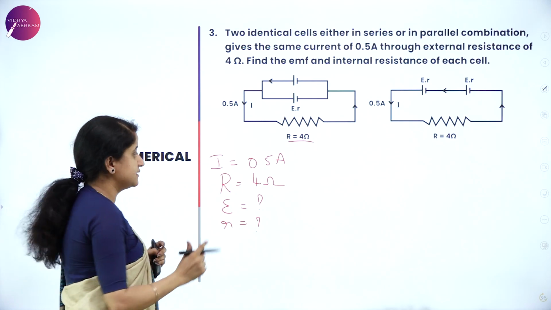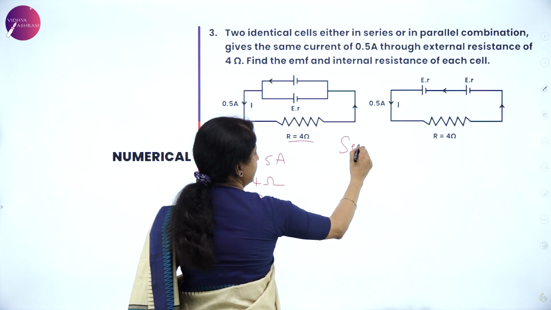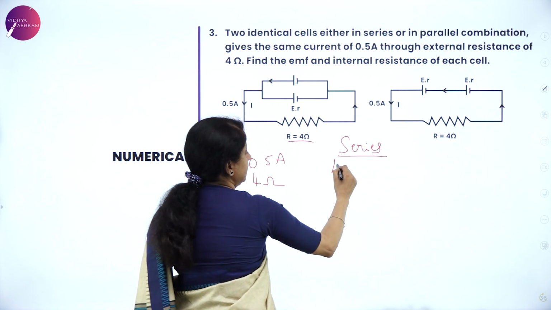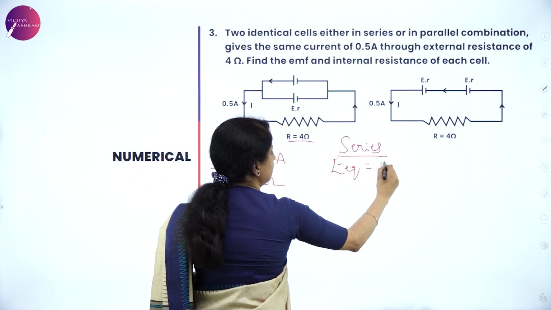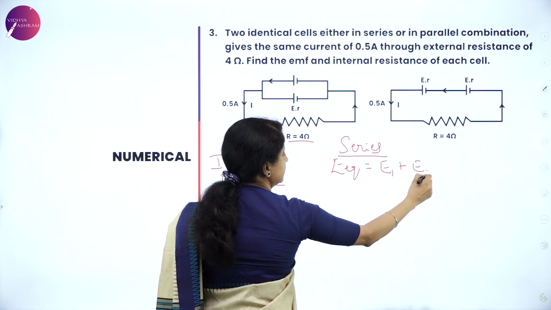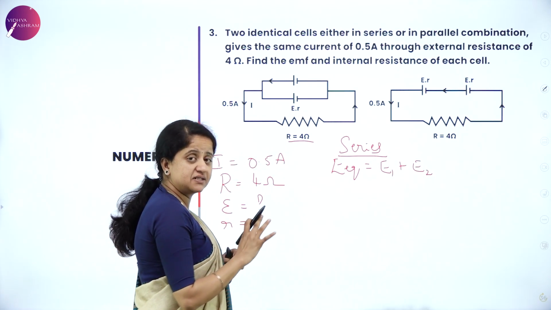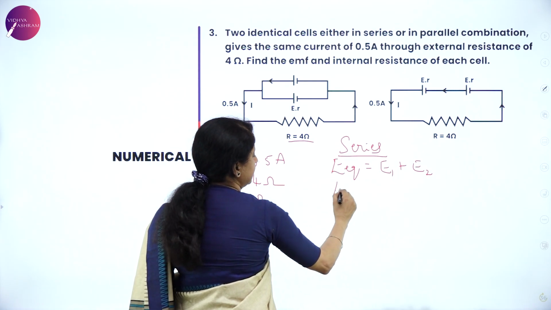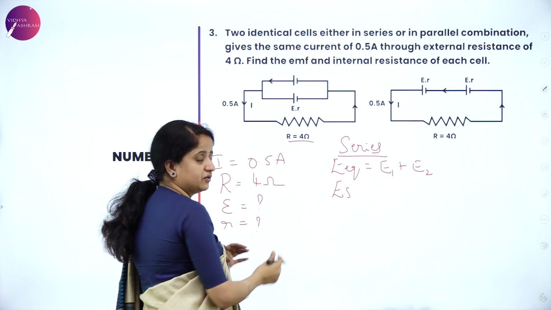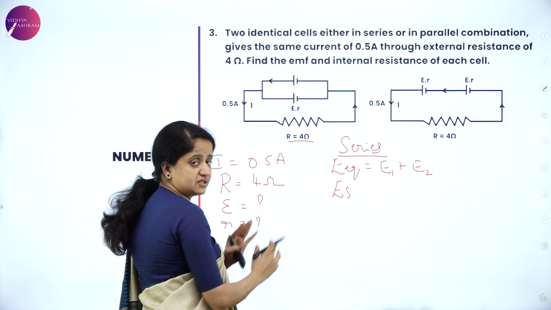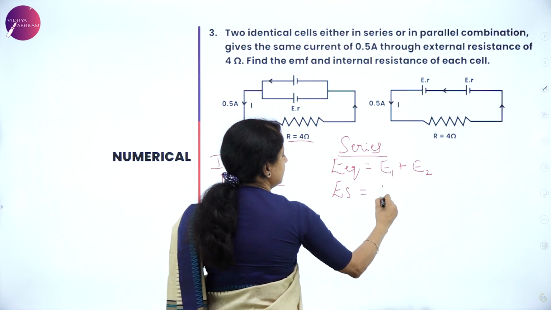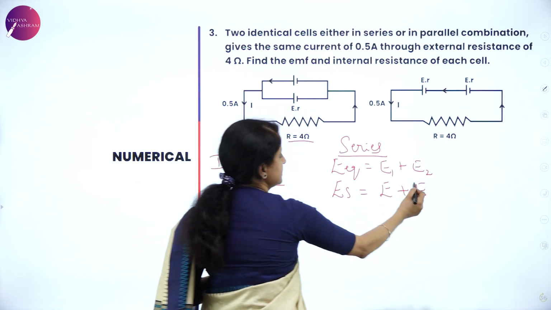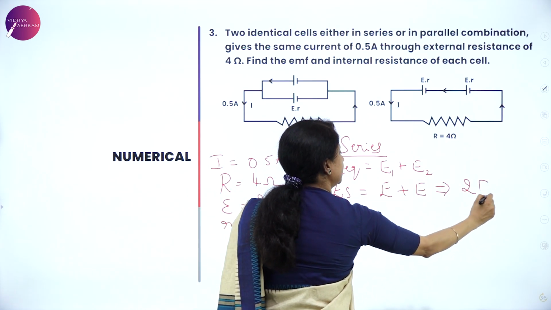So let us now consider the first condition when they are in series. When two cells are in series, we know E equivalent is equal to the sum of the EMFs of the two cells, that is E1 plus E2. In the question it is given clearly that they are identical cells. So E series is equal to E plus E, which gives us 2E.